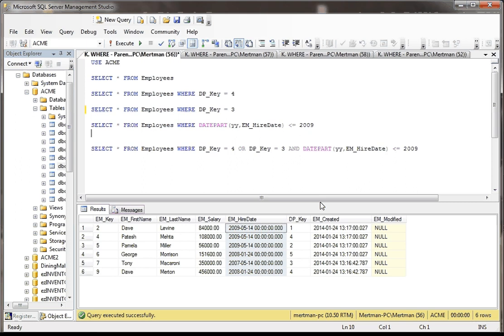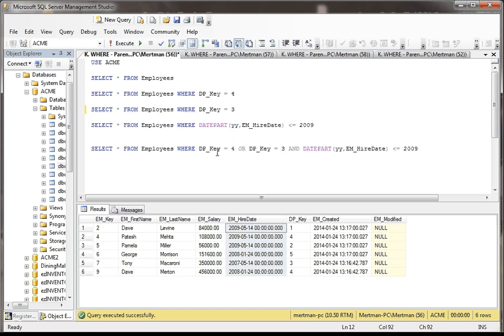But they also only want to do that for people that have been with the company, we'll say 4 or 5 years. So the requirement from the boss is that they have to be either in the IT department, or the sales department, and they have to have been hired before 2009.